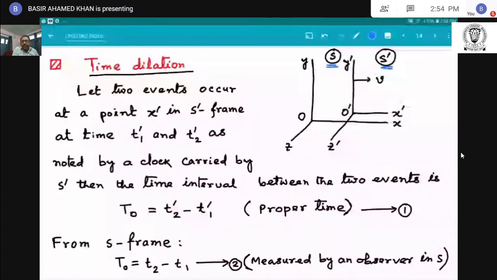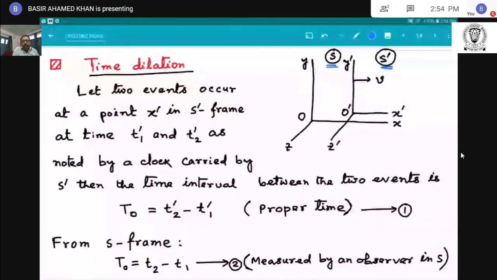The S dash frame is moving with a uniform velocity v along the positive x direction with respect to S frame. Now, to deduce the time dilation between two different inertial frames, we consider two events that occur at a point x dash in S dash frame.